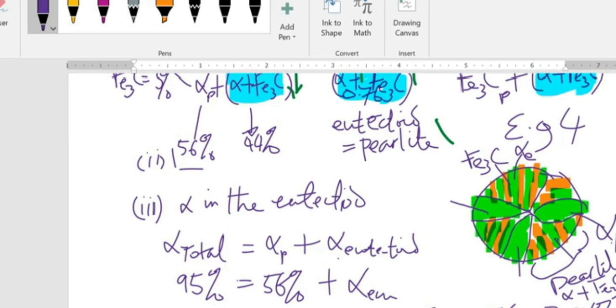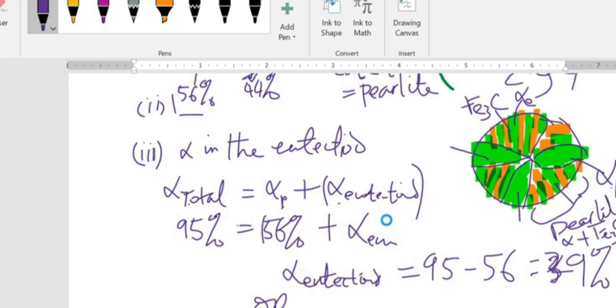So the total ferrite is equal to proeutectoid ferrite plus eutectoid ferrite. First question will determine the total ferrite. Second question will determine the big ferrite, right? So for us to find the other ferrite in the perlite or in the eutectoid, we can just do this. Total is 95. This is what we are asked to find, and so we can determine it.